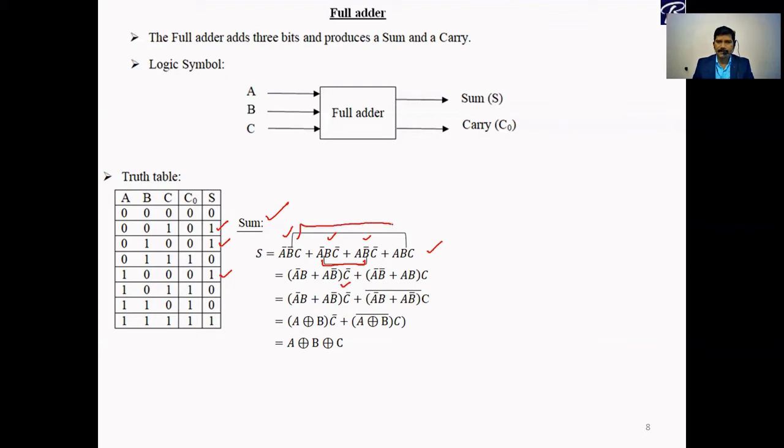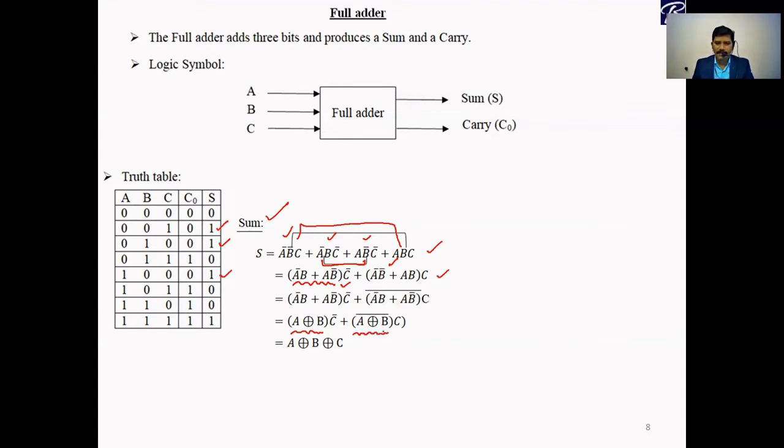In the other two, the common term is C. This A bar B plus A B bar is A XOR B, into C bar. Plus this, A bar B bar plus AB, we can write as A bar B plus AB bar, whole bar, which is XNOR operation here, and here XOR operation bar. So simply we can write A XOR B whole bar.